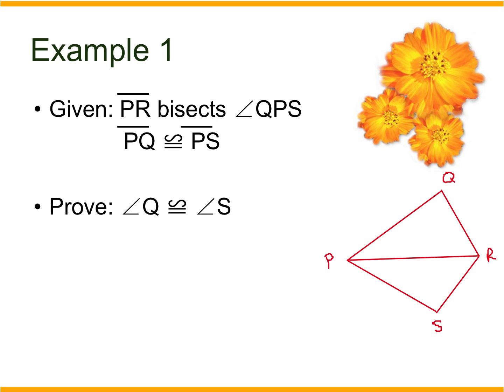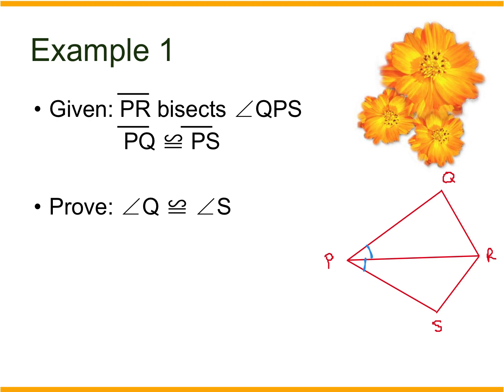Here's PR, here's angle QPS. When something's bisecting, what does that mean? It's cutting in half equally. So they gave me the angle, and they're giving me where it's bisecting. That means this angle is going to be congruent to this angle. I'm just drawing it to represent what they gave me.